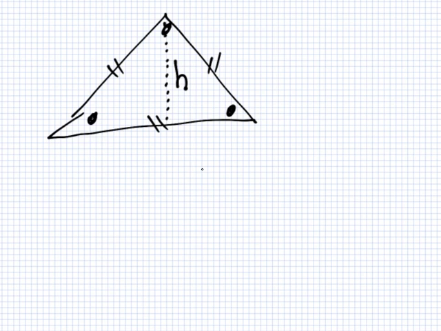Did you get an answer using H? What did you get? H over 2? Ah, but I only gave you H, which means the answer can only have H in it, because I never told you this length was A. So the answer can only have H in it.